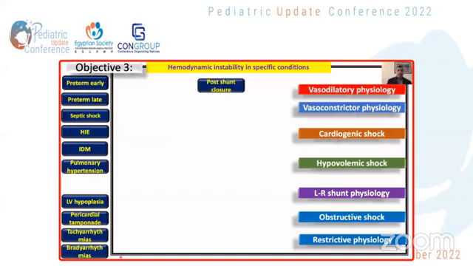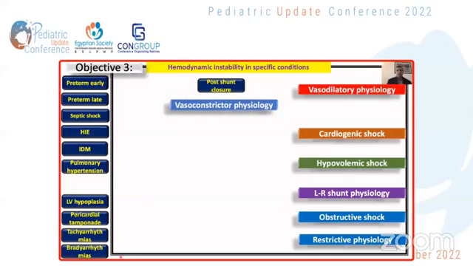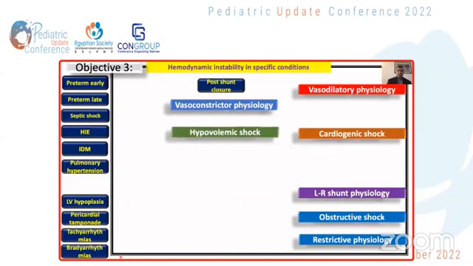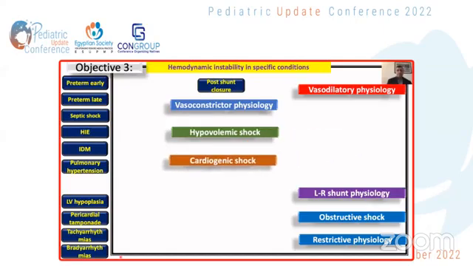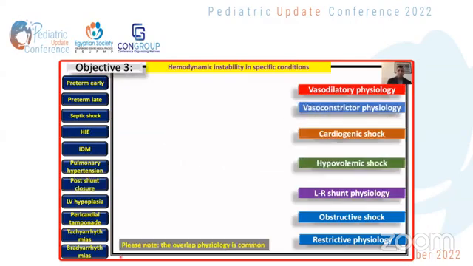Post shunt closure, like post PDA ligation or post AV malformation embolization, we may expect vasoconstrictor physiology. That's why we are using milrinone as a common medication in this category, or dobutamine if you don't have milrinone, together with IV fluids under assessment or serial echocardiography, for hypovolemic shock or cardiogenic shock in late stages.